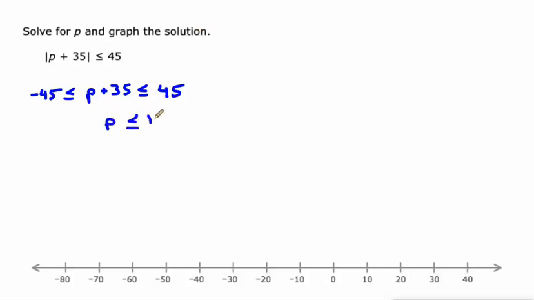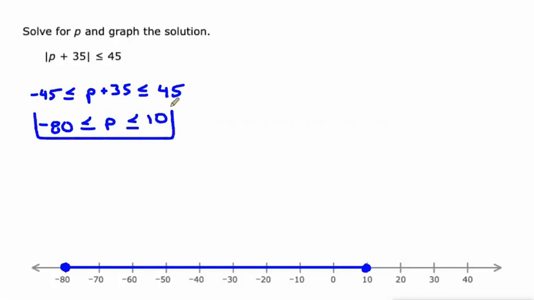So 45 minus 35 is 10, and negative 45 minus 35 is negative 80. So there's our solution set from negative 80, including negative 80, so the closed dot, all the way to 10, including 10, so the closed dot. Everything in between there, including those two numbers. So that's our solution right there. That's how we would graph this.